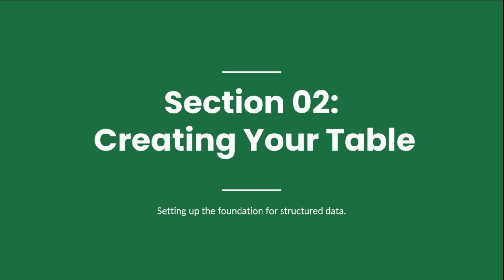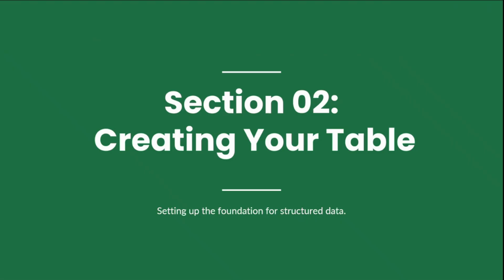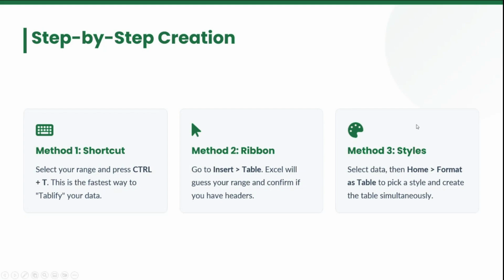Okay, so let's look at the next section, which is now the practical side of things. So how do we create the table? Setting up the foundation of data tables. There are different methods that you can apply.